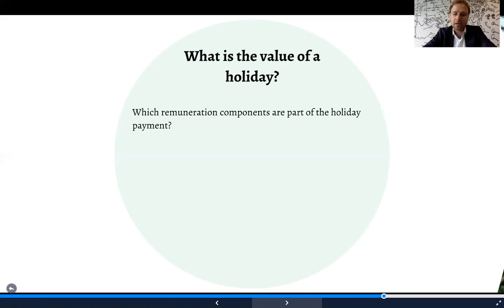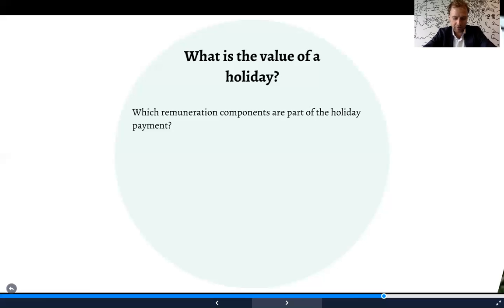to give my opinion on which components should form part of a holiday payment based on the case law. And this case law is also from the European Court of Justice, and it gave a basic rule for it, which is that any remuneration component that is intrinsically linked to the work of the employee forms part of the holiday pay. The basic idea behind this is that an employee should not suffer any financial disadvantage as a result of taking holidays.